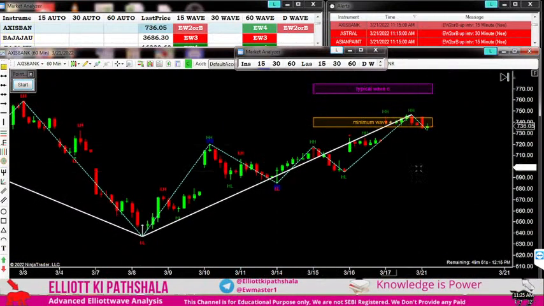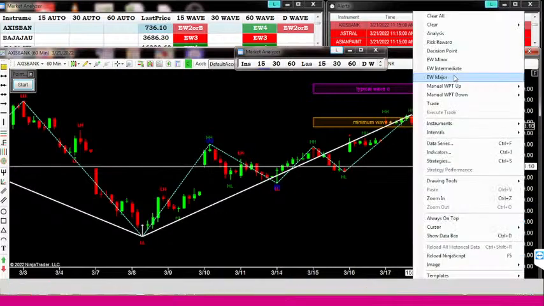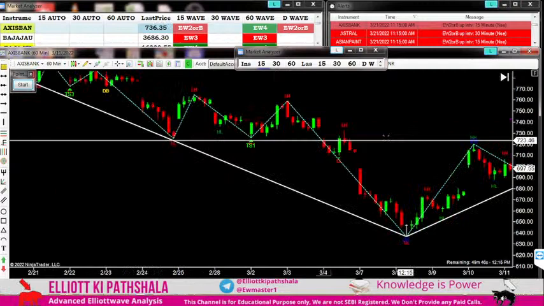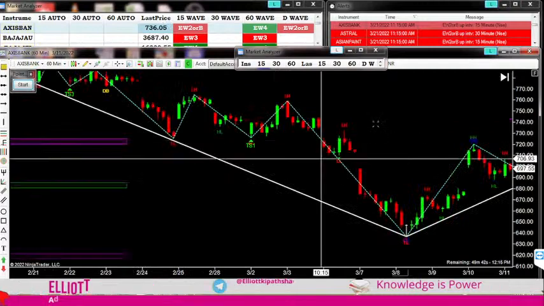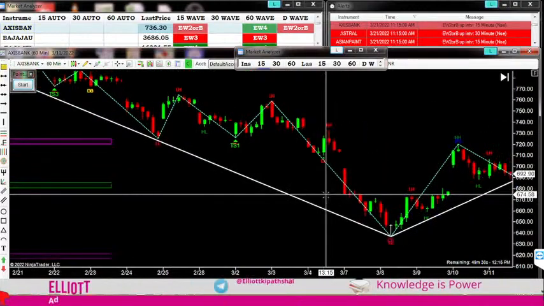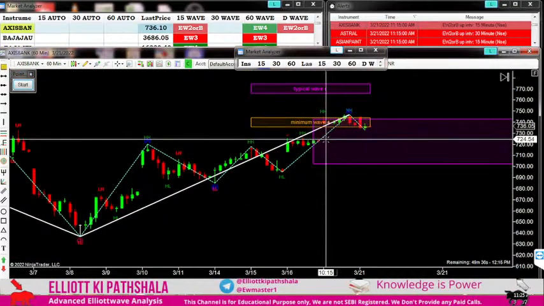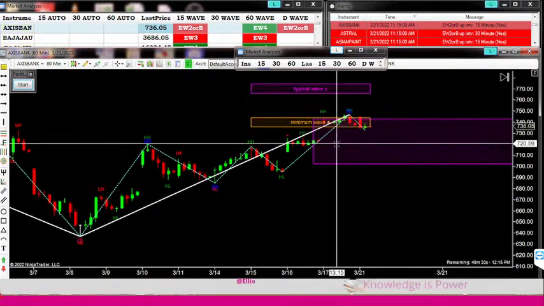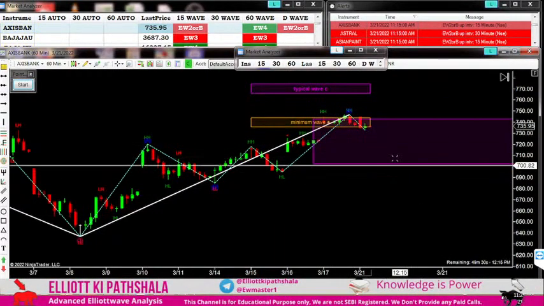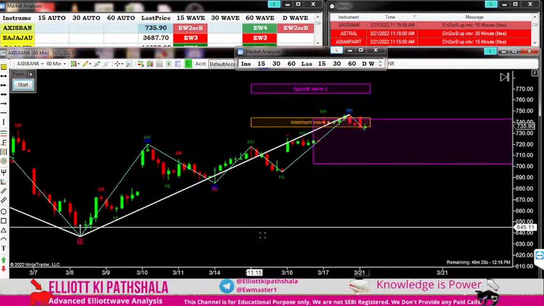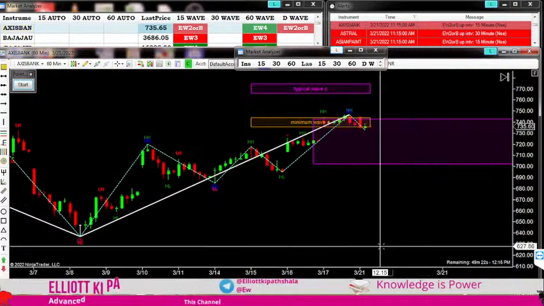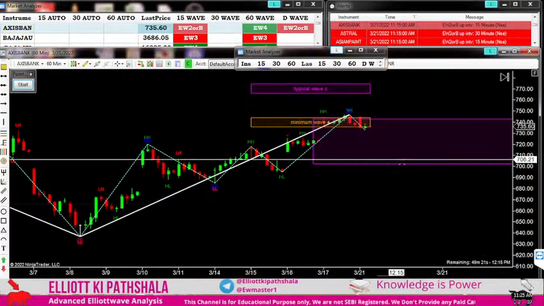In Axis Bank, we can look for a downfall, and in a holding, if you are getting any reversal from this level, yes, you can look for a shorting opportunity in Axis Bank for around 50 to 60 points of downfall.